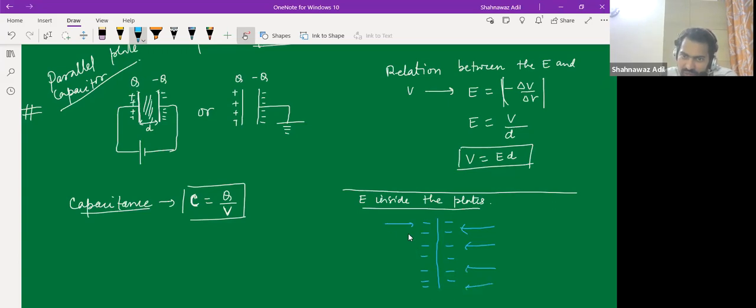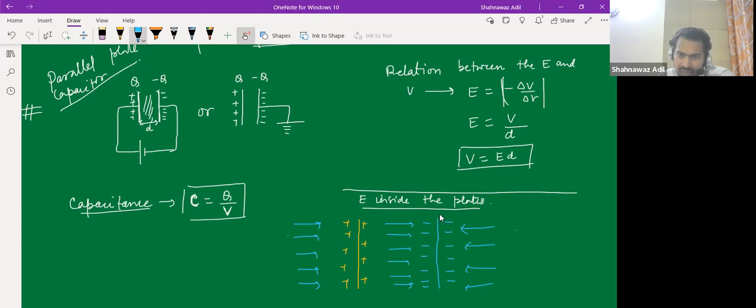For the positive part, it is outgoing. So we have this region also. This is inside, this is outside, this is outside. So in this region, due to this one, it will again be incoming. Is this clear now?